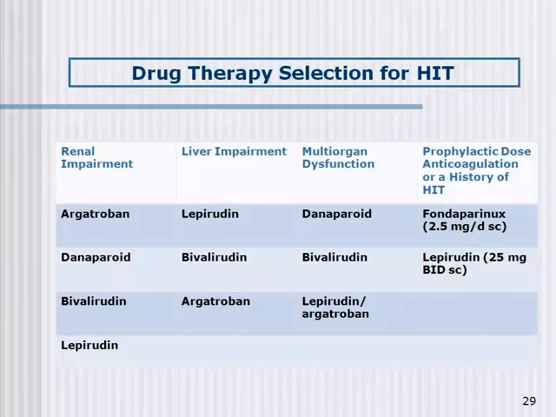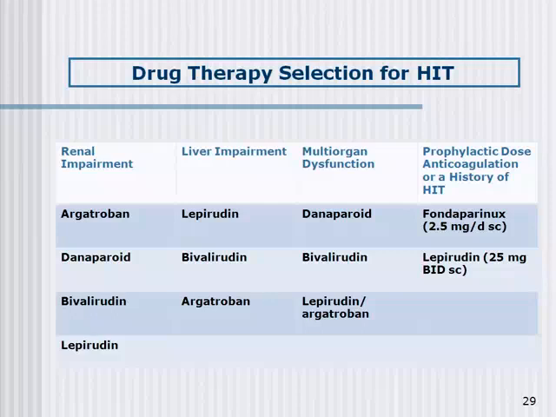Multi-organ dysfunction, I guess none of the agents are really that good. Danaparoid not available in the U.S., but maybe bivalirudin. I don't know. Again, this is adapted from another reference. But somebody with multi-organ failure, I guess it's tough to know what the best agent to use would be.